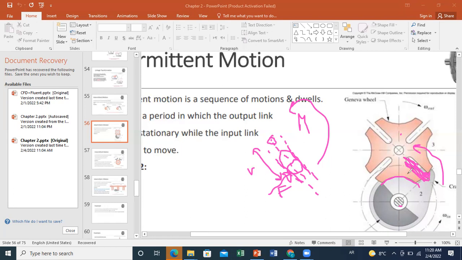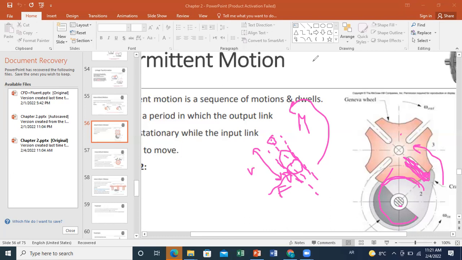And when I have the case where the arc of circle is in contact with this part, I have no motion. As you can see here, if you want to find the direction of rotation, all you have to do is to find your couple and do the analysis of the rotation of your wheel.